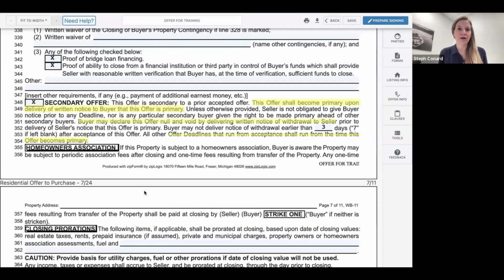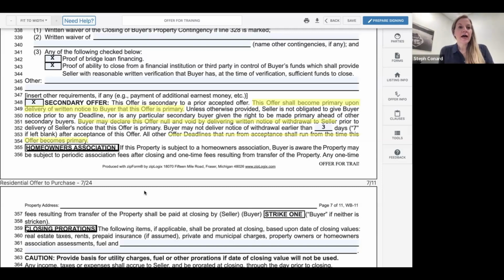Secondary offers are not reserved just for listings that have a bump clause. It's just more likely that a secondary offer is written because there's a bump clause on the primary offer. Does that make sense?